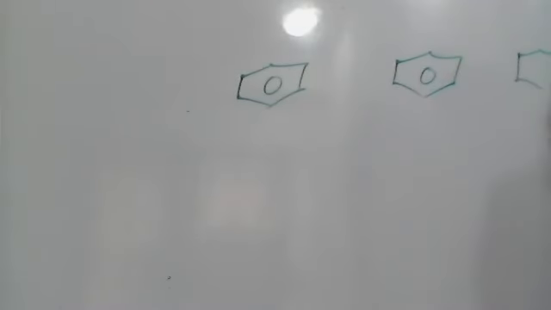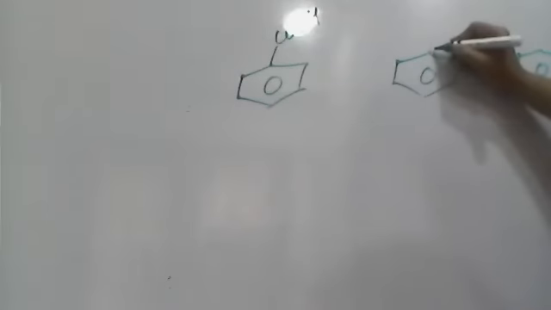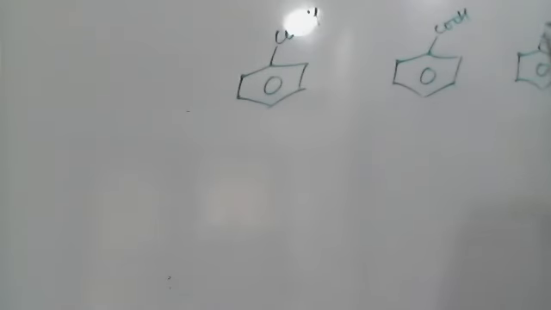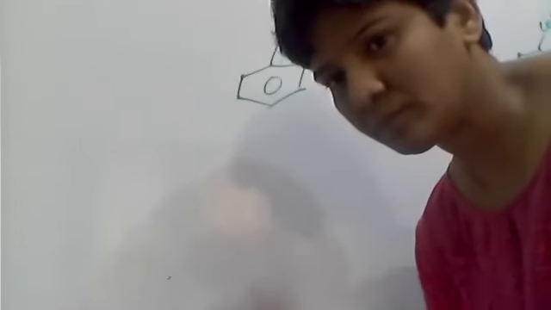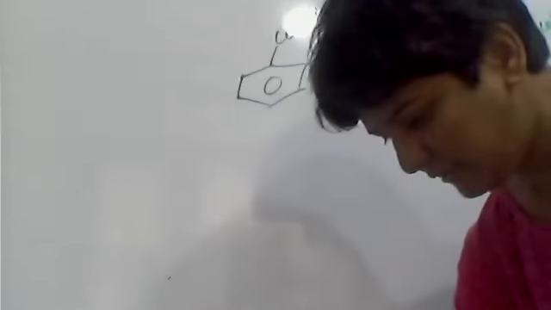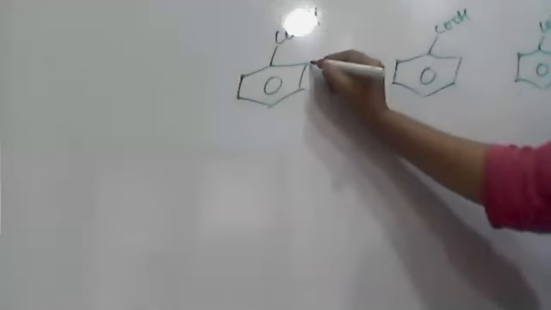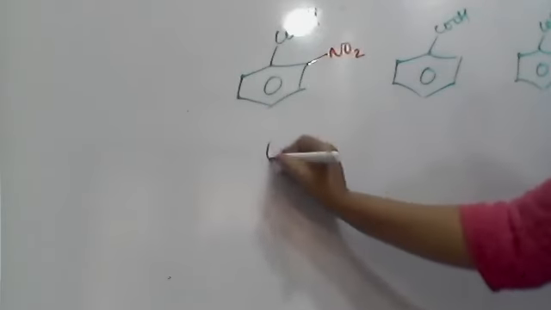Benzene, aromatic, to this you are attaching a COOH group. All are benzoic acids. In the first one I'm putting a nitro group at ortho, it is ortho-nitrobenzoic acid.